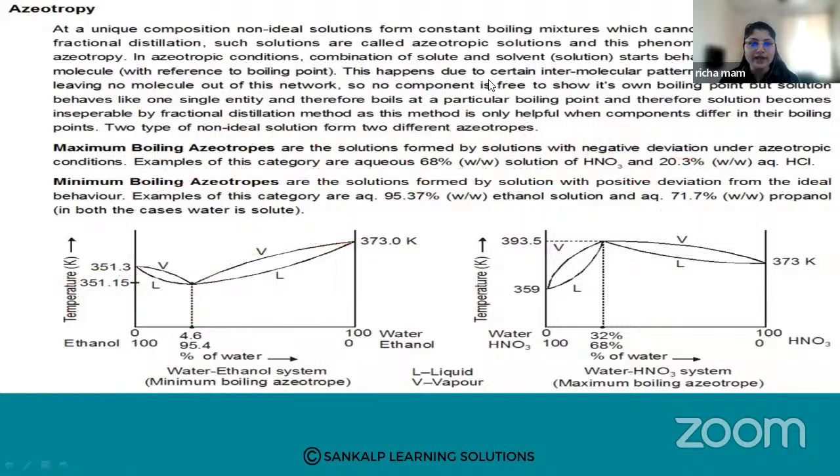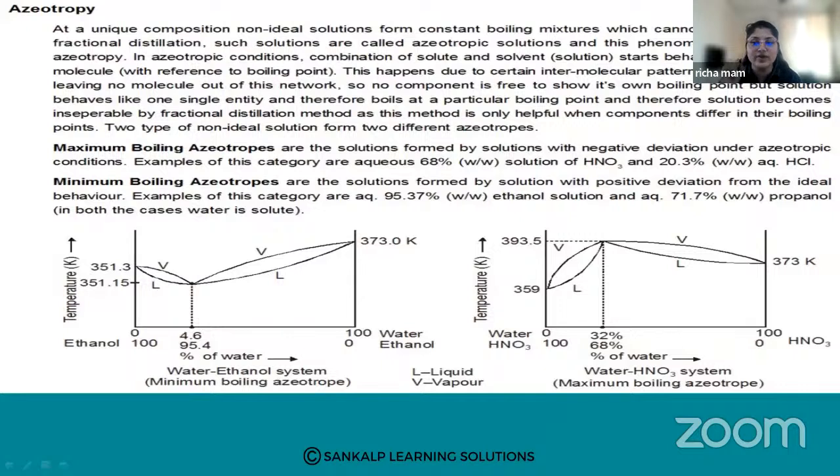There are two types: minimum boiling azeotrope and maximum boiling azeotrope. Minimum boiling azeotropes form with positive deviation from Raoult's law, and maximum boiling azeotropes form with negative deviation from Raoult's law. Examples are very important. The water ethanol system is the best example of minimum boiling azeotrope, and water HCl and water nitric acid are the maximum boiling examples.